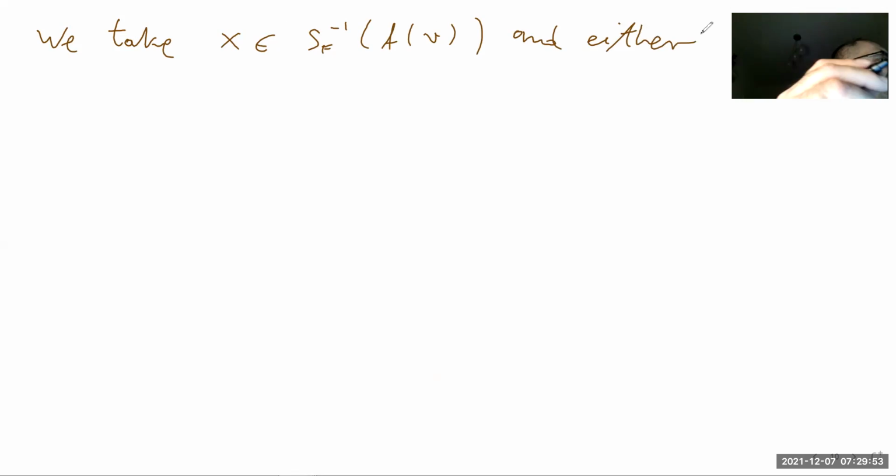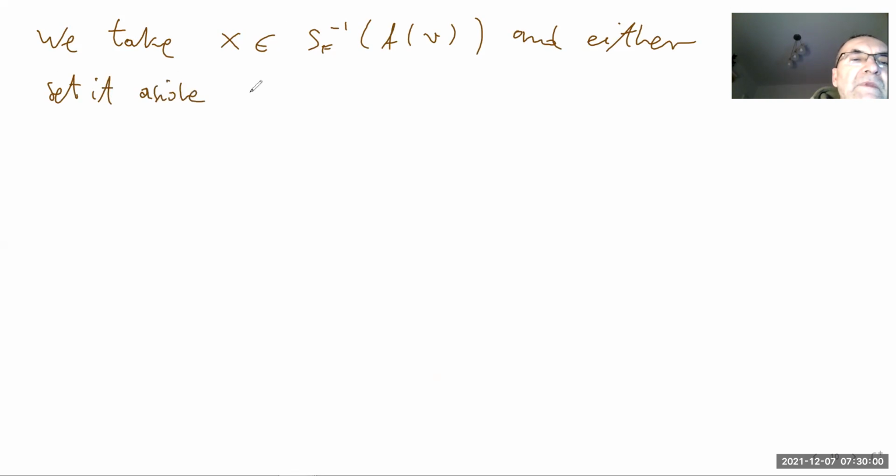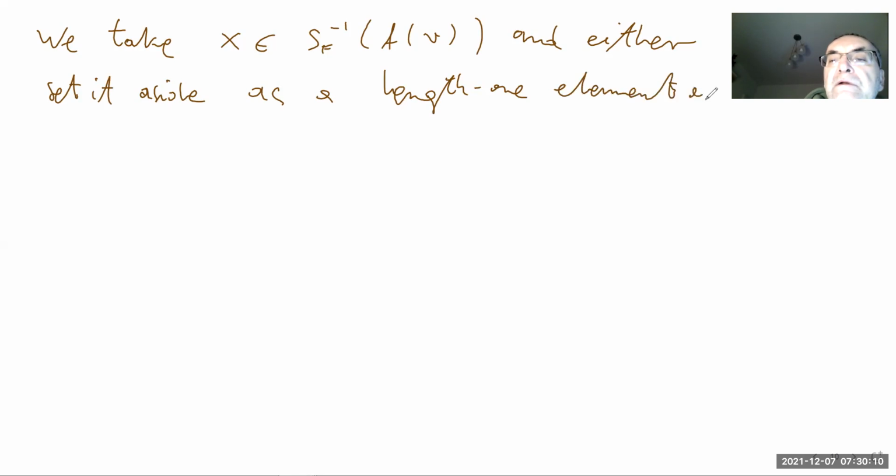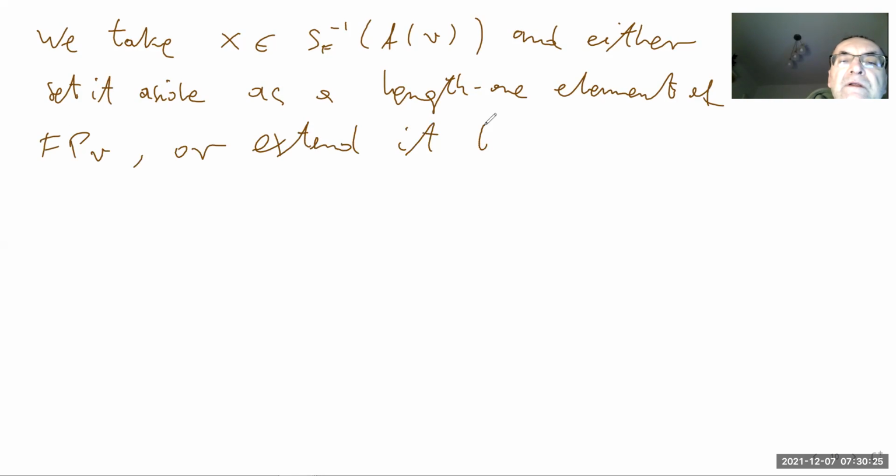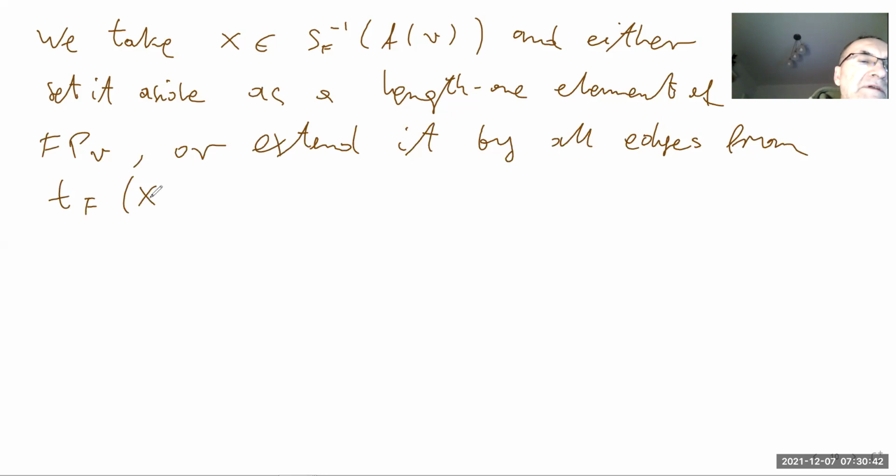And either set it aside as a length 1 element of FPV, or extend it by all possible edges ending at x, by all edges from F of x.